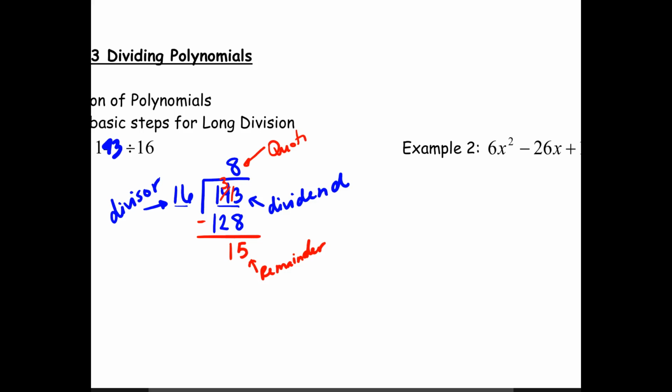Quotient. Now, you may have been able to just say, this is 8 with a remainder of 15. I don't want you to write it in that way anymore. Instead, you can write your answer in two ways.